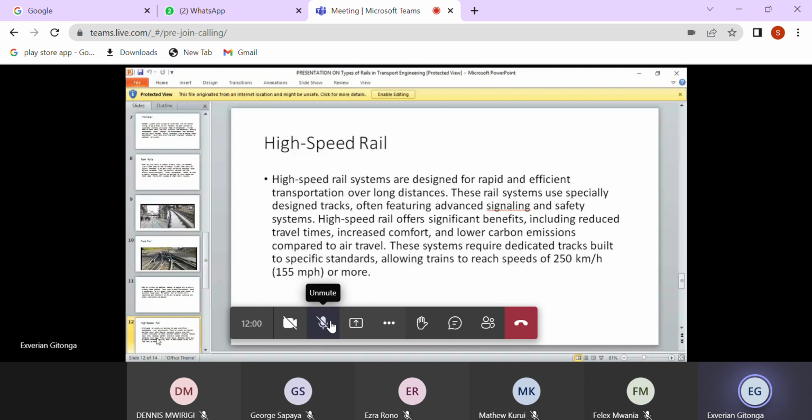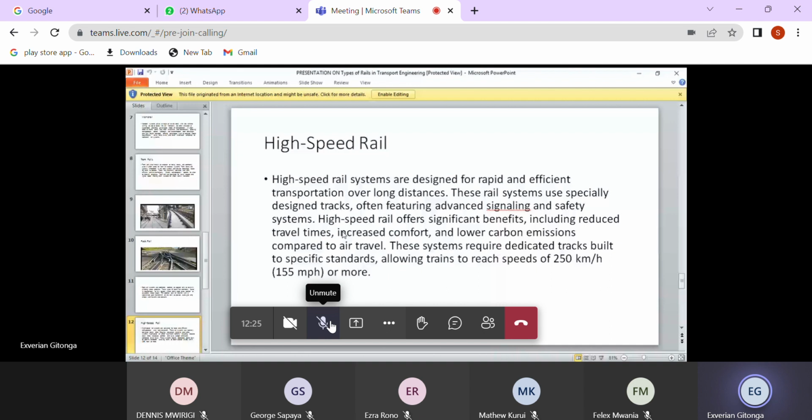So finally, we are going to high-speed rail. So these systems are designed for rapid and efficient transportation over long distances. These rail systems usually have specially designed tracks, often featuring advanced signaling and safety systems. High-speed rail offers significant merits.